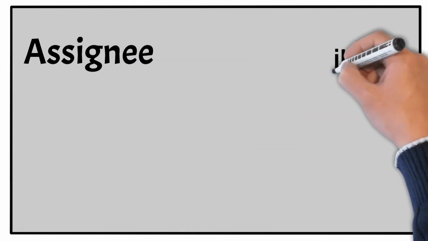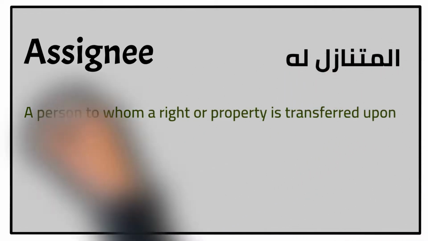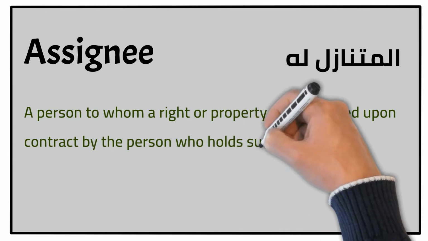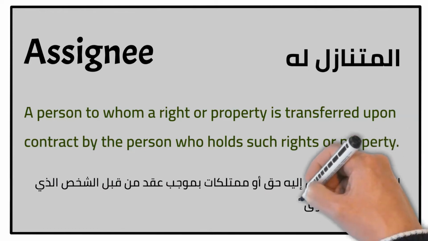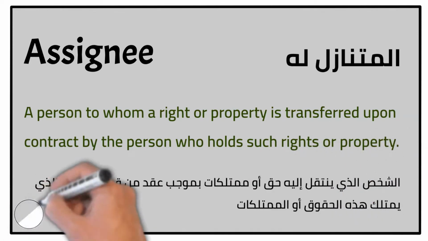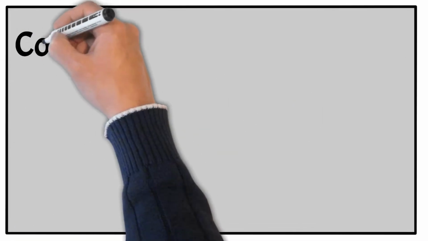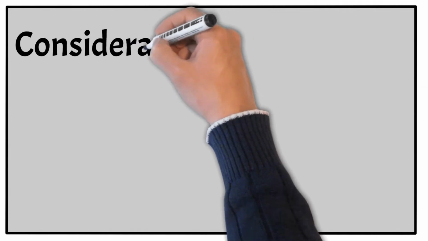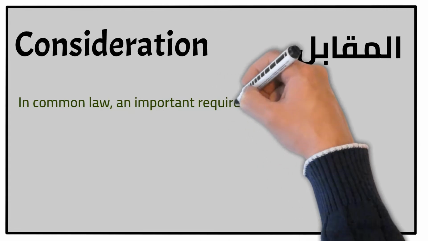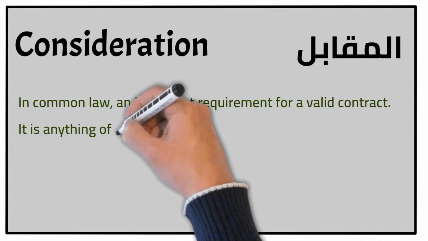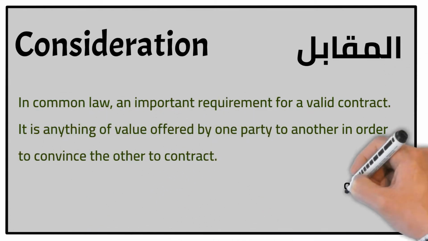Assignee. This term means a person to whom a right or property is transferred upon contract by the person who holds such rights or property. Consideration. This term means, in common law, an important requirement for a valid contract. It is anything of value offered by one party to another in order to convince the other to contract.